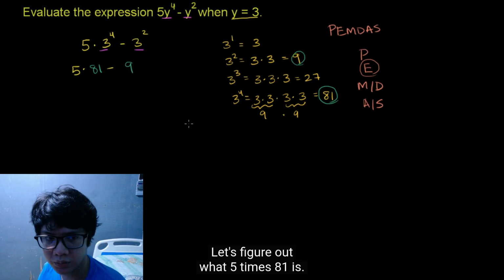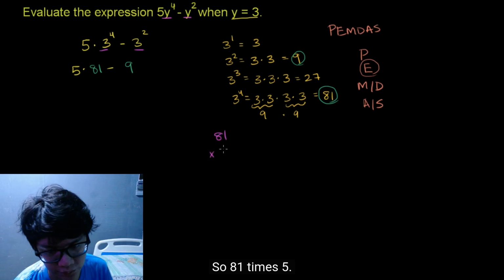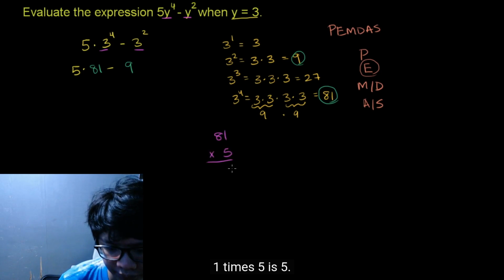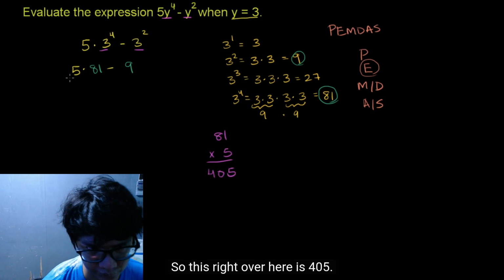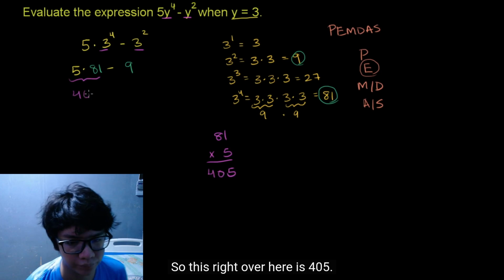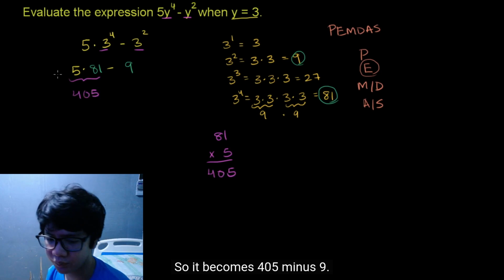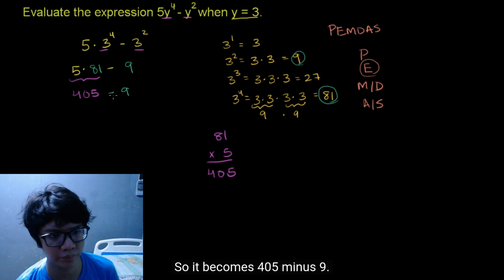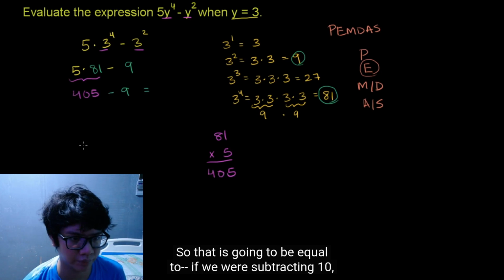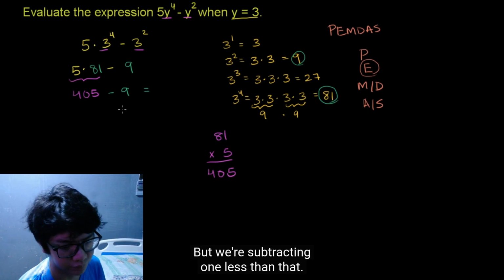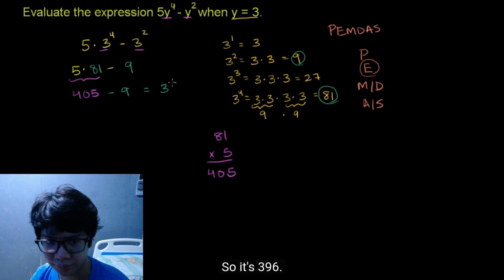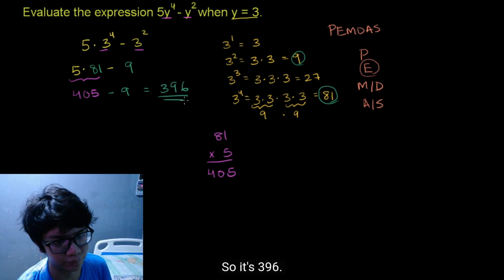Let's figure out what 5 times 81 is. 1 times 5 is 5, 8 times 5 is 40, so this is 405. So it becomes 405 minus 9. If we were subtracting 10, it would be 395, but we're subtracting 1 less than that, so it's 396. And we're done.